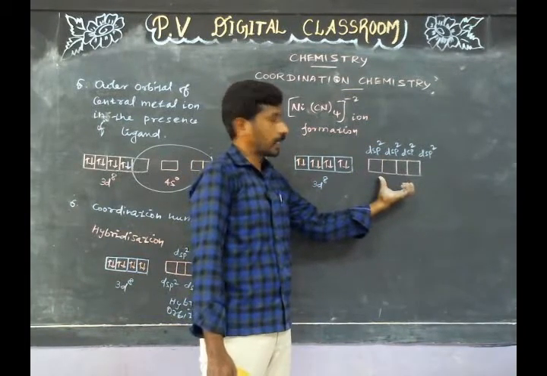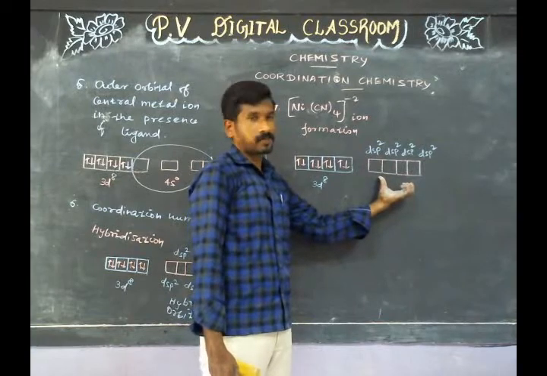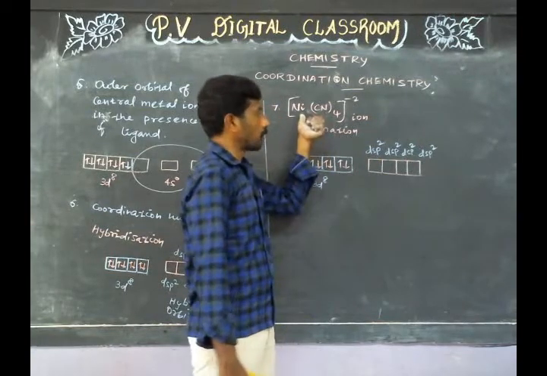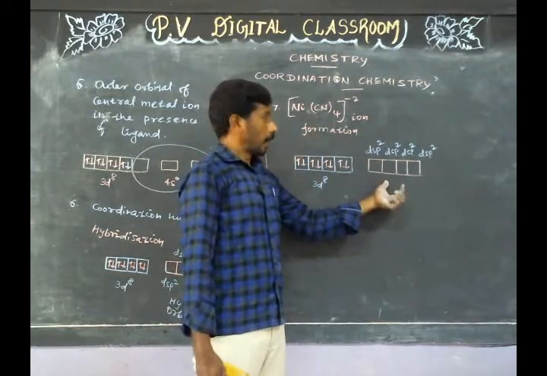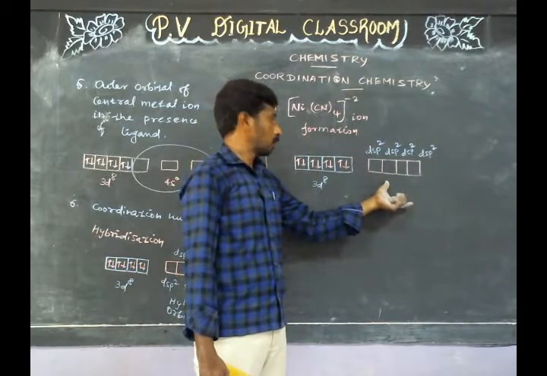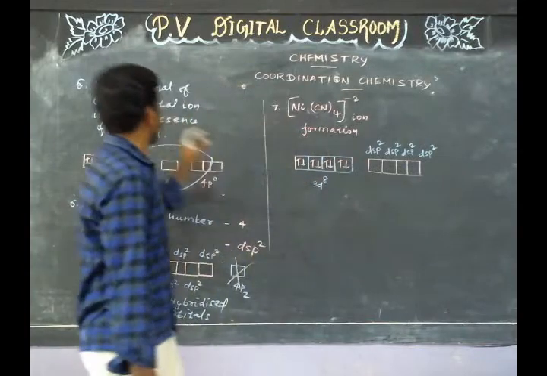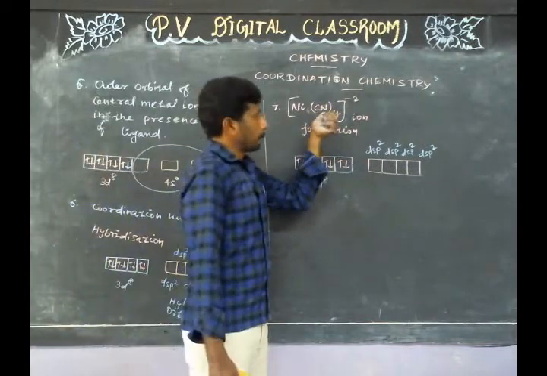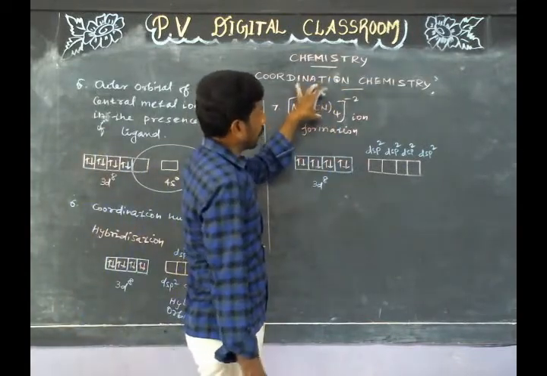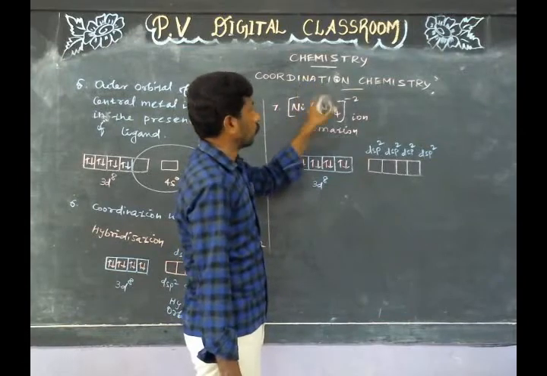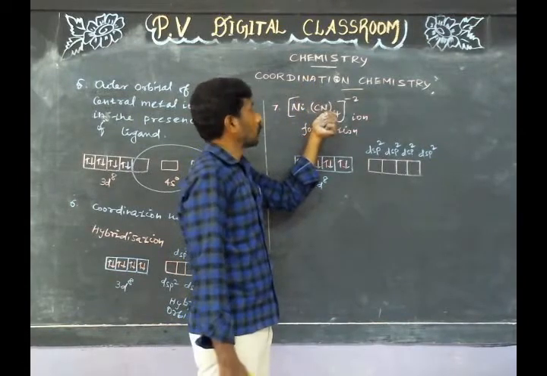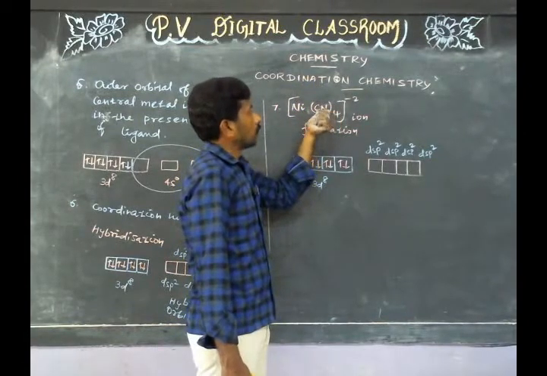These 4 vacant dsp2 hybridized orbitals of the Ni2+ ion have a tendency to accommodate a pair of electrons donated by ligands.